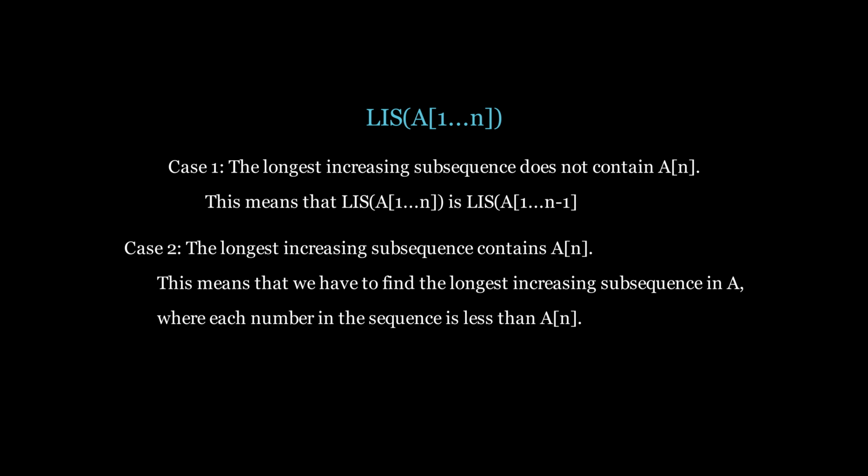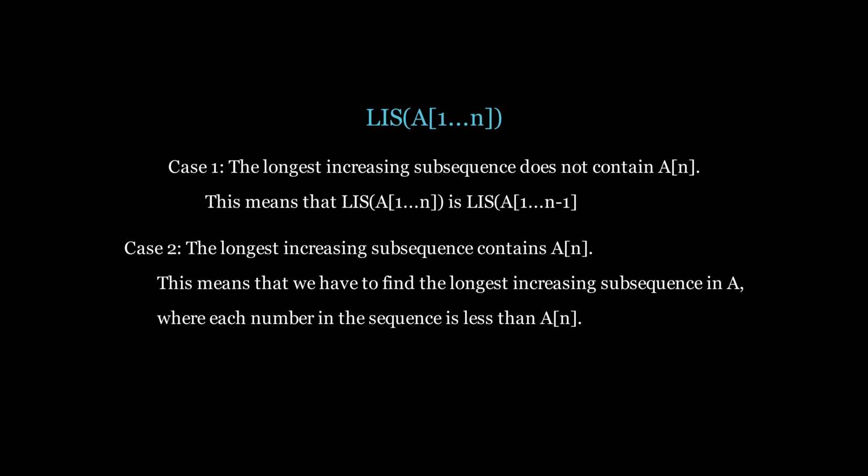The first case is when the longest increasing subsequence does not contain A of n. This means that the longest increasing subsequence of the array A from 1 to n is actually the longest increasing subsequence in array A from 1 to n minus 1. The second case is when the longest increasing subsequence contains A of n.